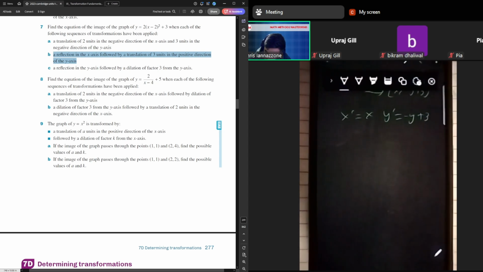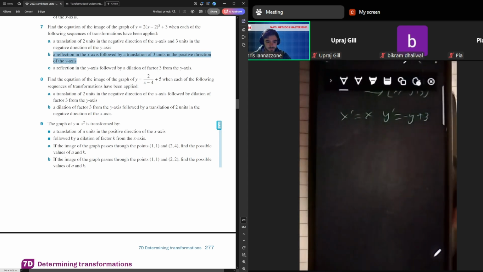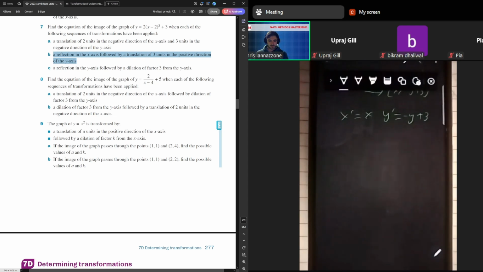Okay, so x dash, y dash, what are we doing with them? We replace all the y's in the pre-existing function with negative y plus 3, and we can just leave x alone because it hasn't changed. Pretty close.